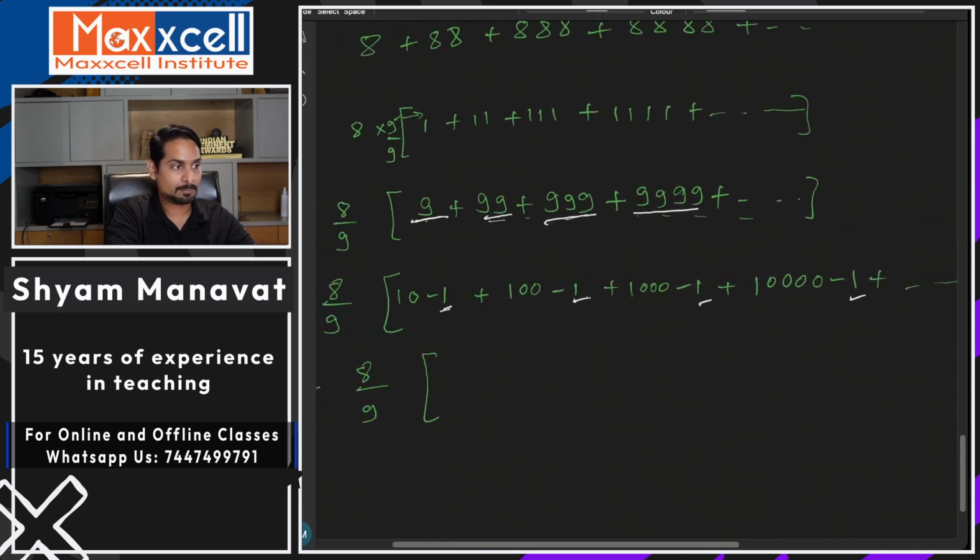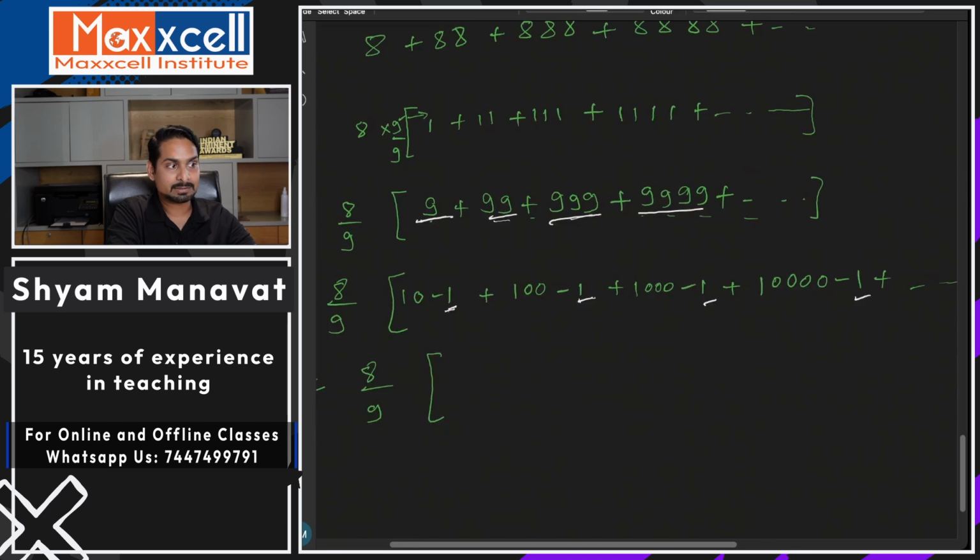Do you agree with me? So -1 will become -2, 3 times it will become -3, if it is 4 times it will become -4, but if it is n times it will become what? -n. So I have taken all this -1 together and put it here as -n. Is that clear?